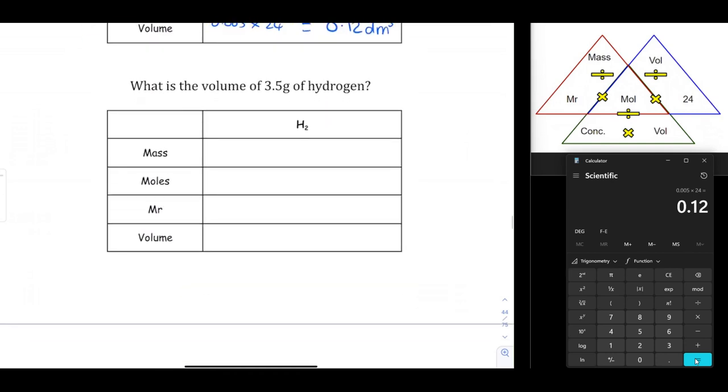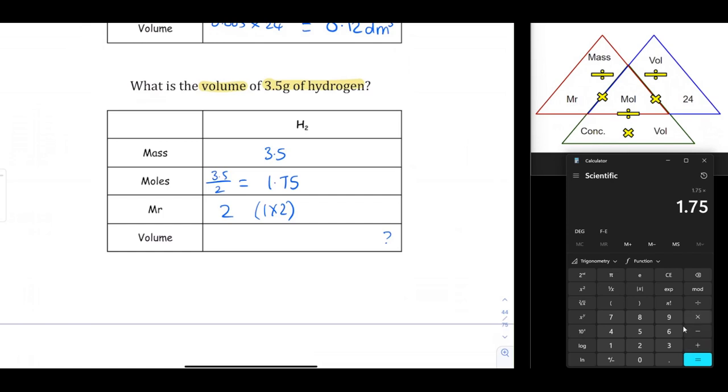What is the volume of 3.5 grams of hydrogen? So I'm looking to find the volume again. Here I need to put in my mass that it's given me in the question. Mass divided by MR. 3.5 over the MR, which is 2, because it's 1 times 2, gives me my moles, which is, oh no, that's not what I want. 3.5 divide by 2, that's better, 1.75, and now I've got my moles.